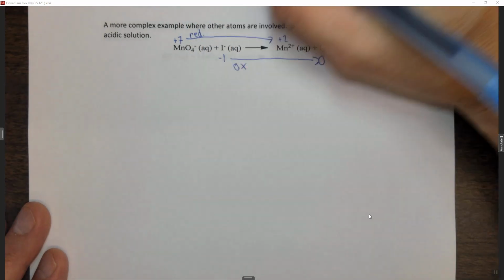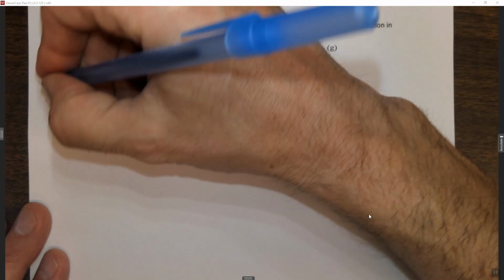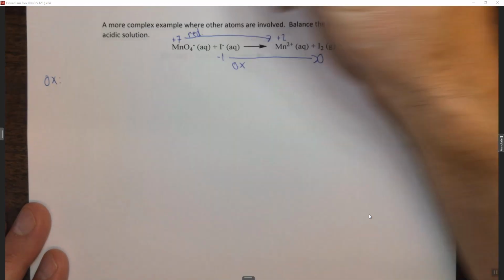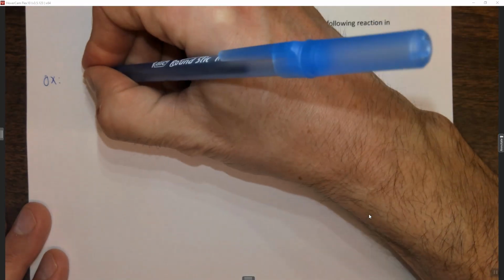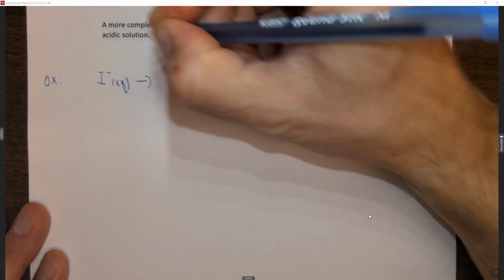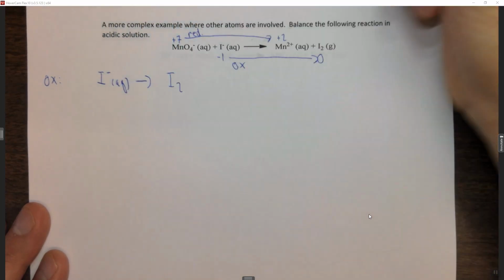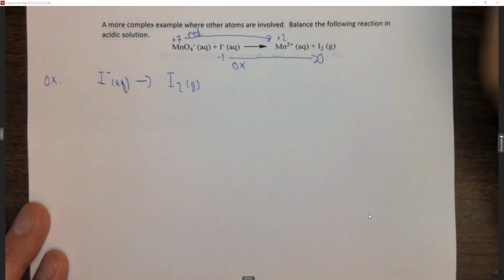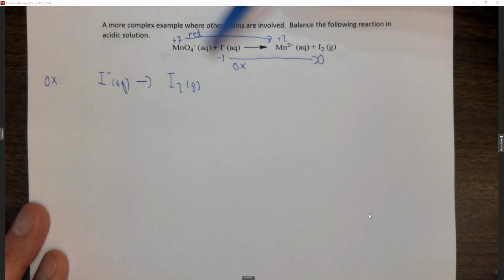So now we want to write out our half reactions. For our oxidation half reaction, we're going to have I minus aqueous yields I2. It happens to be a gas in this case. So this is our oxidation half reaction.